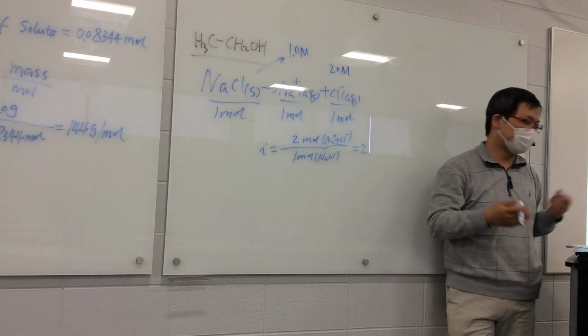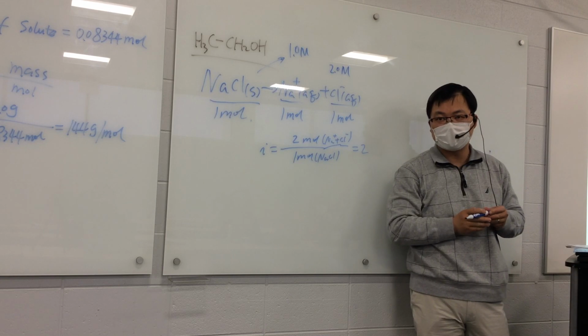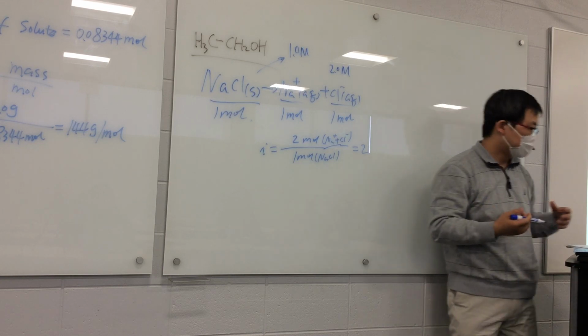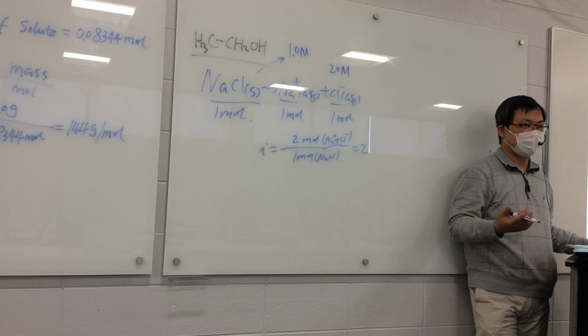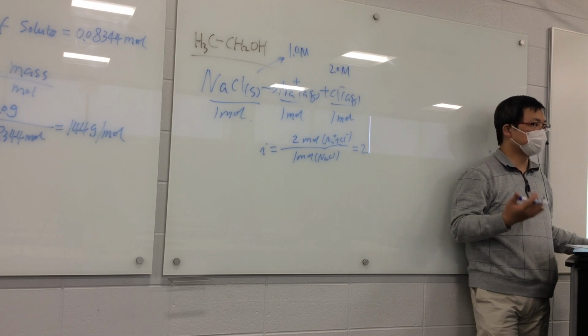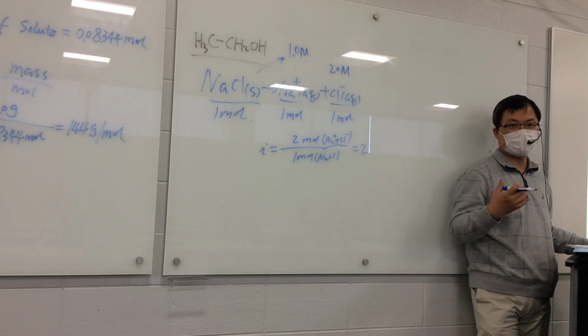But in reality, it could be 1.9 or 1.8, 1.95, something like that. This is called effective concentration. Effective means this concentration can lead to and affect colligative properties.